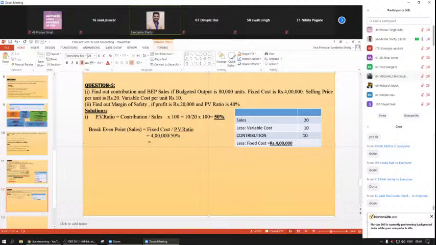Dear students, is it correct? Break even point is 8 lakh, 4 lakh divided by 50%.